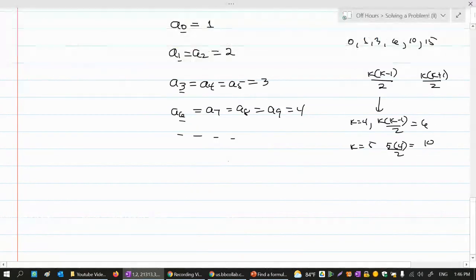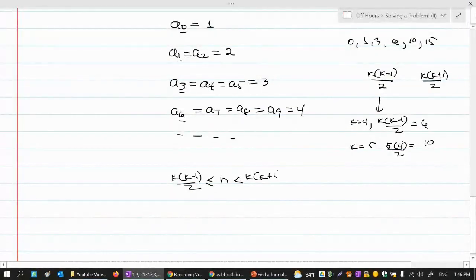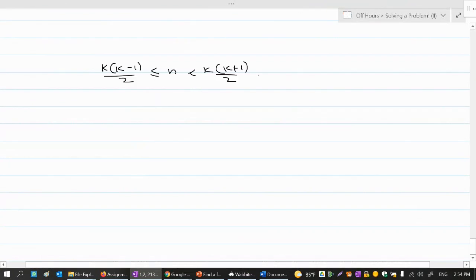You can see that for any value of k, when n is greater than or equal to k times k minus 1 over 2 and less than k times k plus 1 over 2, this must imply that a sub n, which represents the general term of the sequence we are discussing, must be equal to k.